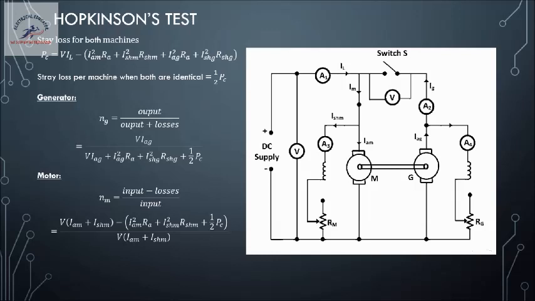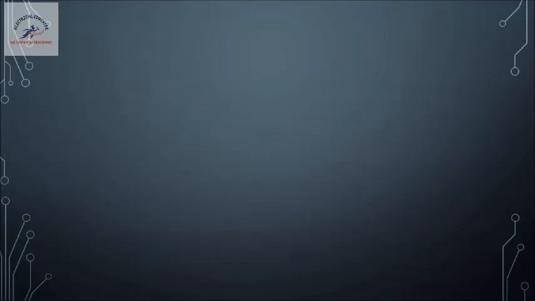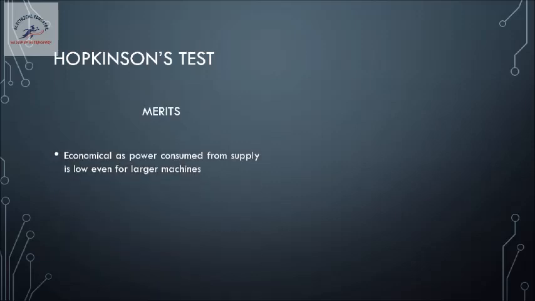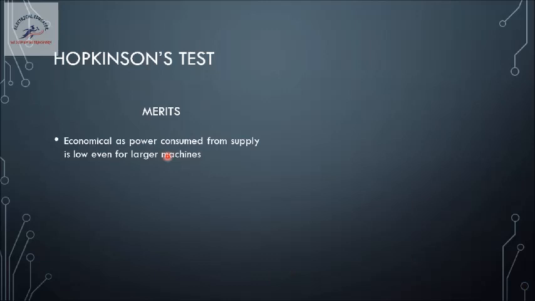So I hope these two tests are clear. Now let us understand what the merits of this Hopkinson's test are. It is economical, as the power consumed from the supply is low even for larger machines. In the brake test we understood that it is not possible to perform a full load test on larger machines because it requires larger power from the supply.